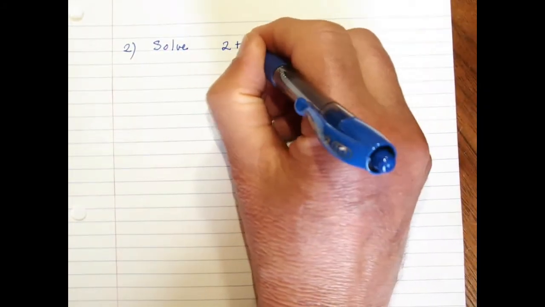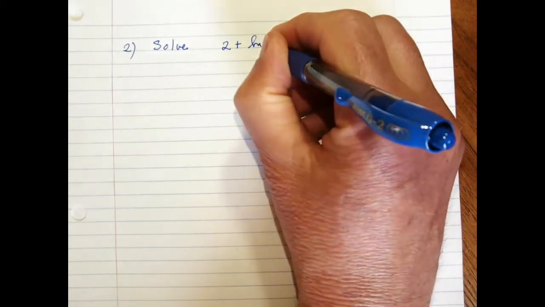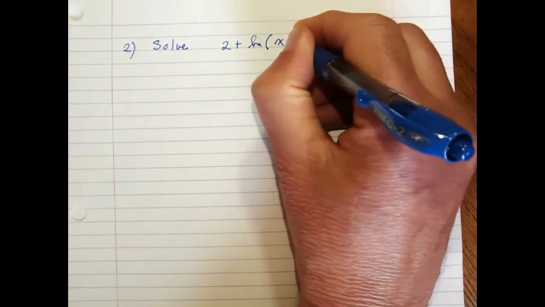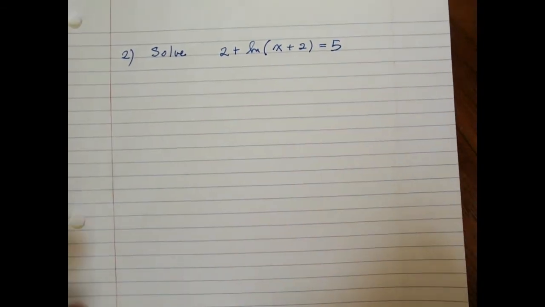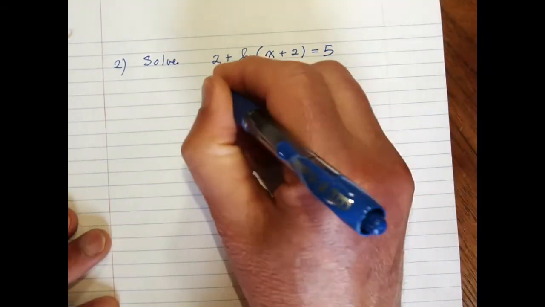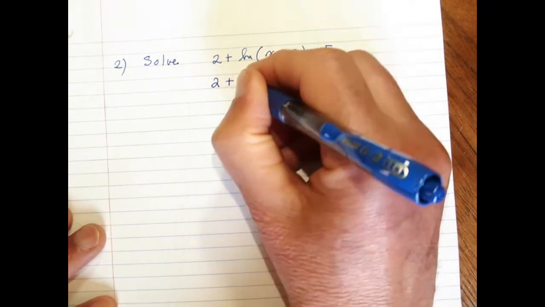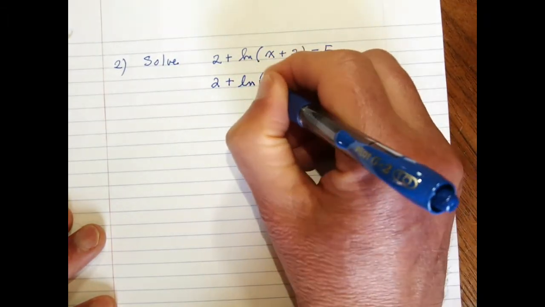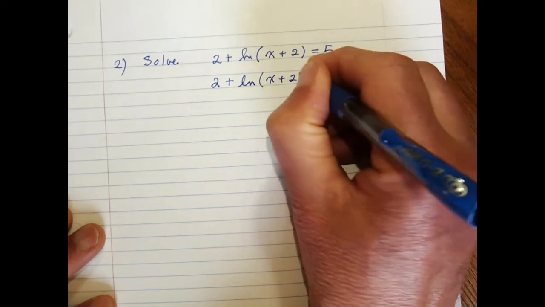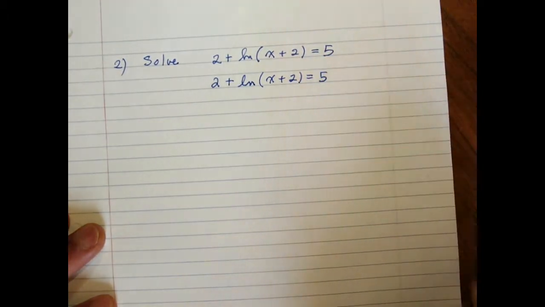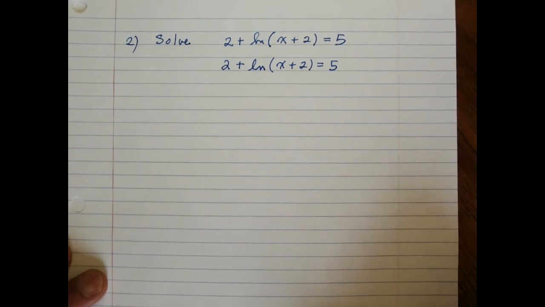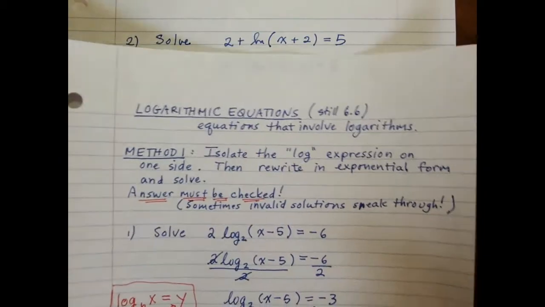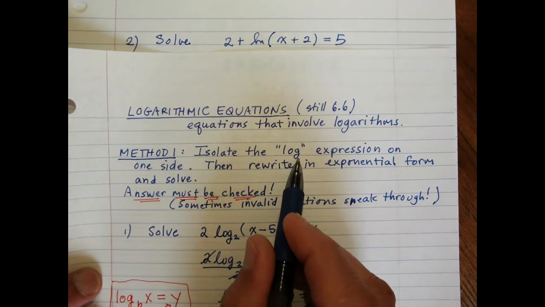2 plus ln of x plus 2 equals 5. Sorry, that's kind of a sloppy ln. Let me write again. 2 plus ln of x plus 2 equals 5. It's the same process. We're still applying method 1, where we're going to isolate the log expression.